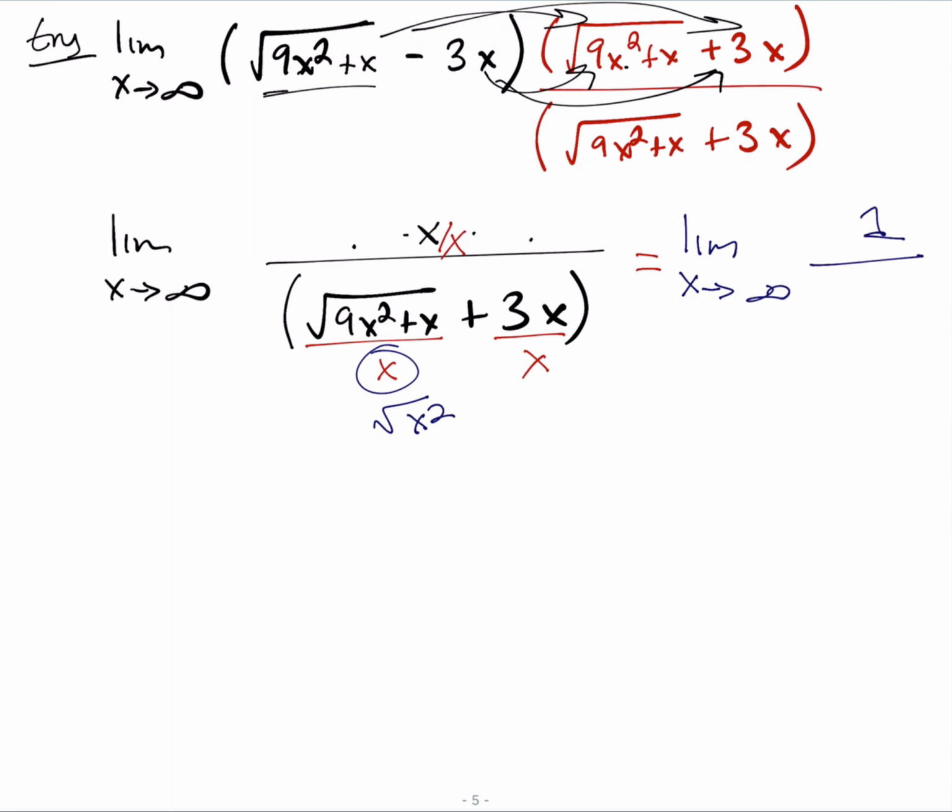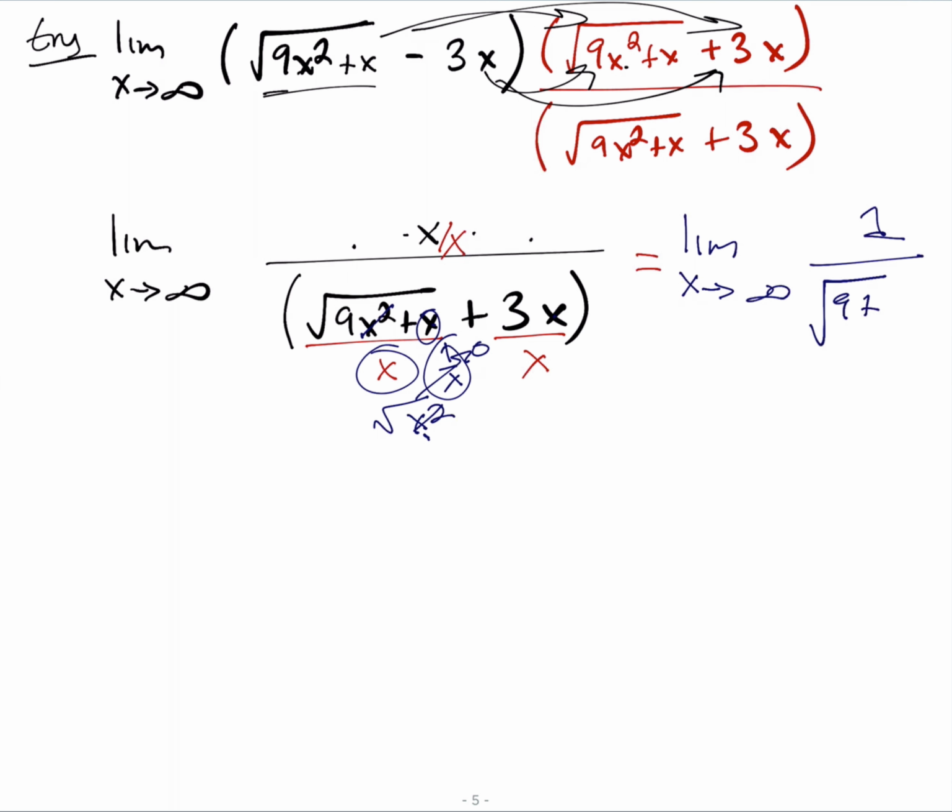Okay, so then what do I end up with? This is going to be the square root of... So the x squared cancels out with the x squared, right? So this is going to be 9 plus x over x squared, which reduces to 1 over x, which then goes to 0, right? Okay.